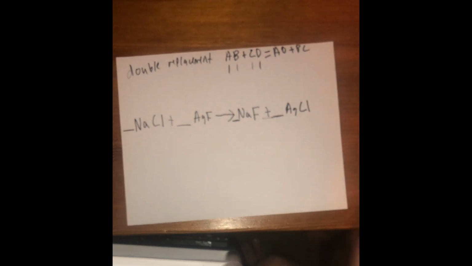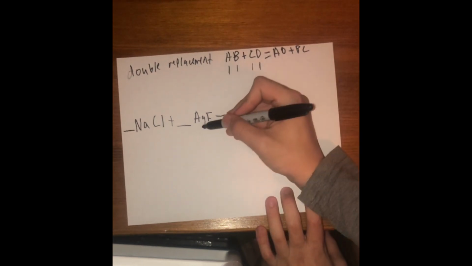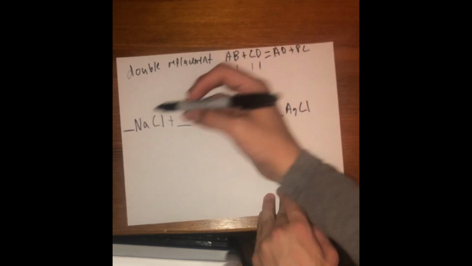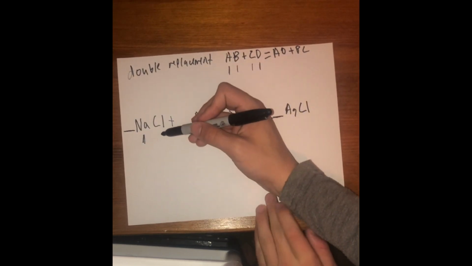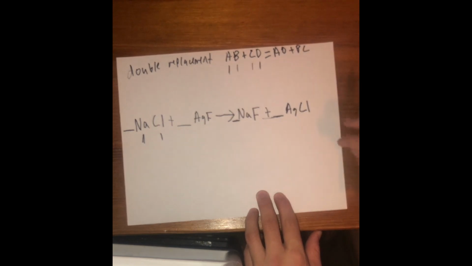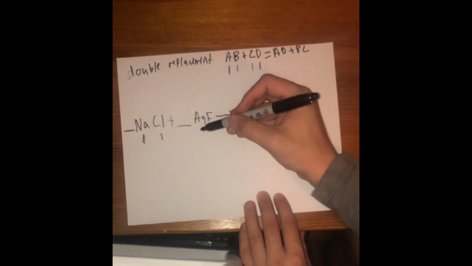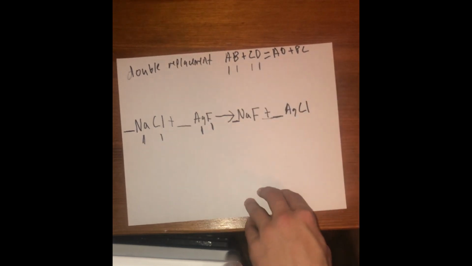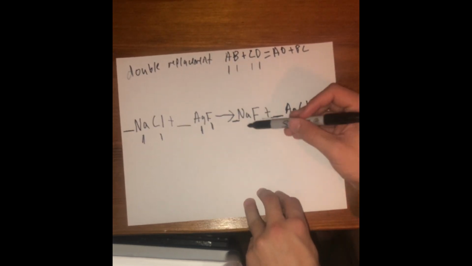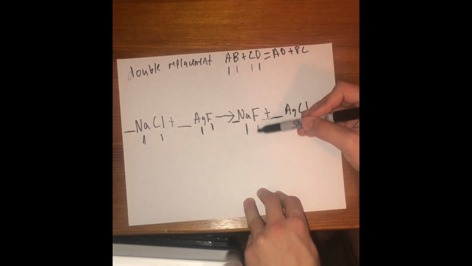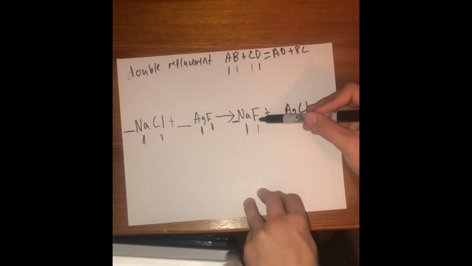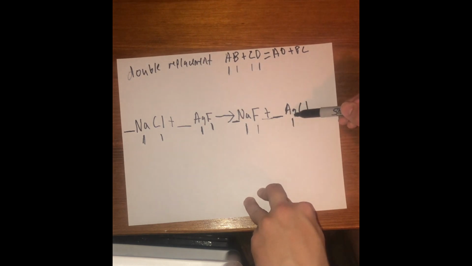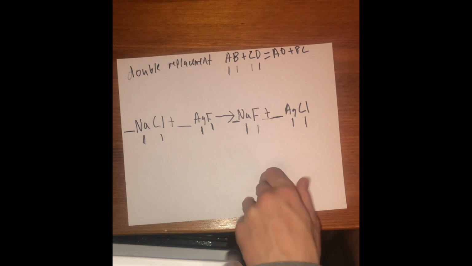Now, what's one thing we can notice about this very quickly is all of these are ionic bonds. Sodium is a group 1 alkali metal. Chlorine is a group 17 gas. Silver is a transition metal, and fluorine is also a nonmetal gas. And then over here, sodium, group 1 alkali, and fluorine, a gas, with silver, which is a transition metal, with chlorine, which is a group 17 gas.